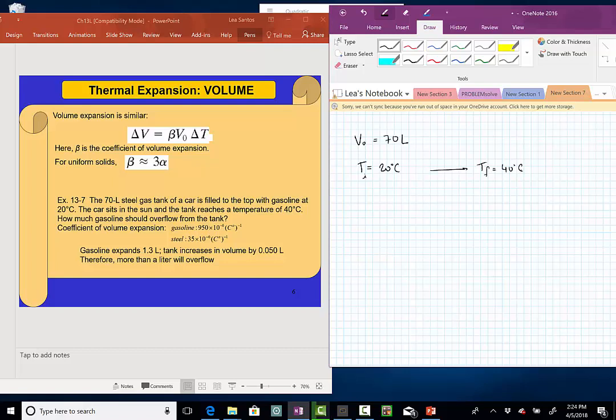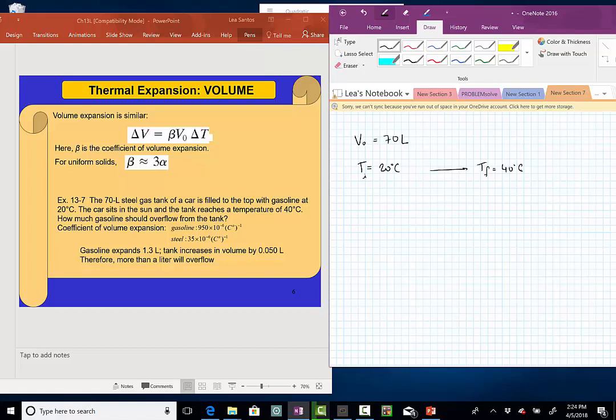We want to know how much gasoline should overflow from the tank. And why should it overflow? Because the gasoline will expand, this liquid will expand more than the tank that is made of steel.